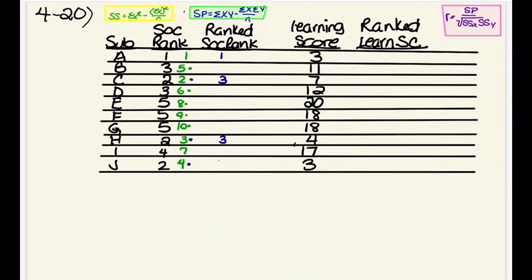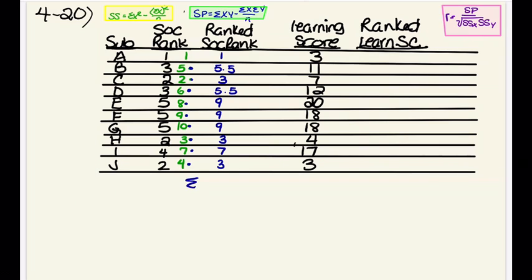In this case, 2 is at the rank positions of 2, 3, and 4. So the mean of 2, 3, and 4 is 3. Likewise, the social rank of 3 is at the positions of 5 and 6, so the mean of 5 and 6 is 5.5.